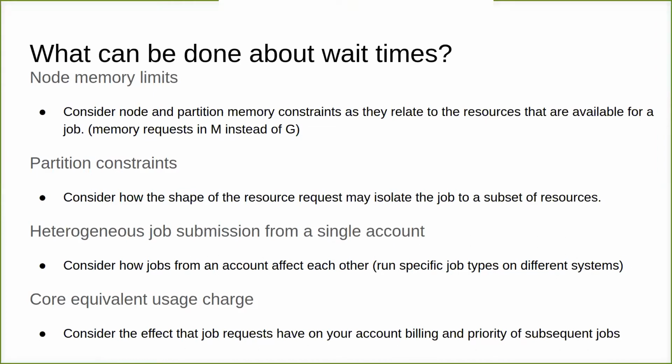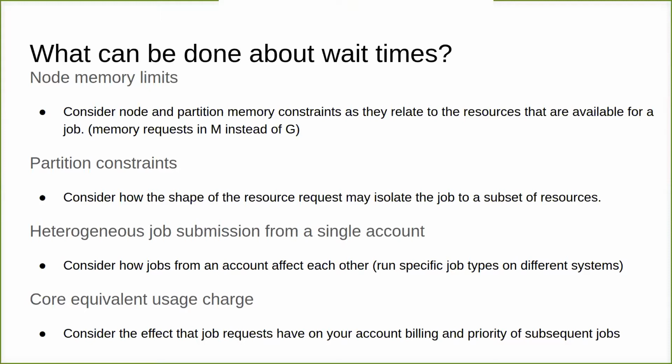So really at the end of the day, this comes down to what can be done about wait times. Understanding the node memory limits, and that the node and partition memory constraints really impact usage. It's important to examine how much memory is actually being used by your jobs when you run them, not just continue to increase the memory until you stop having memory errors, but actually visualize what your memory usage is as the population of your jobs from an account.